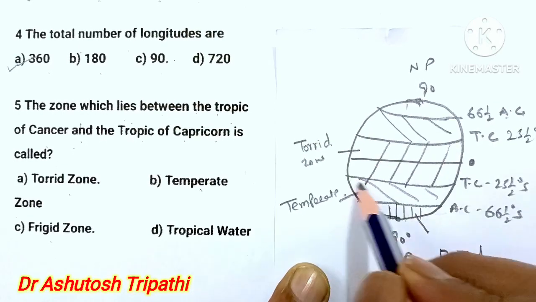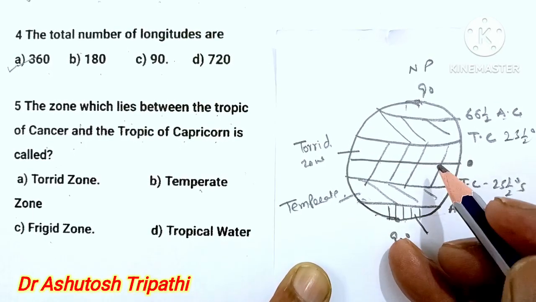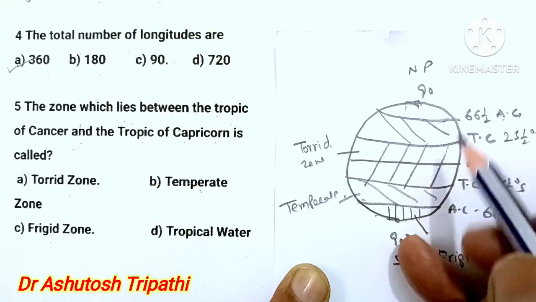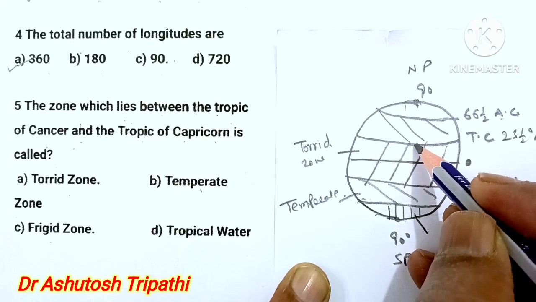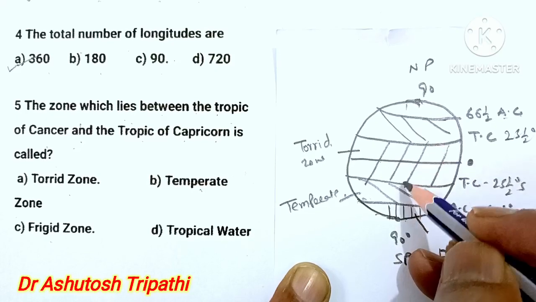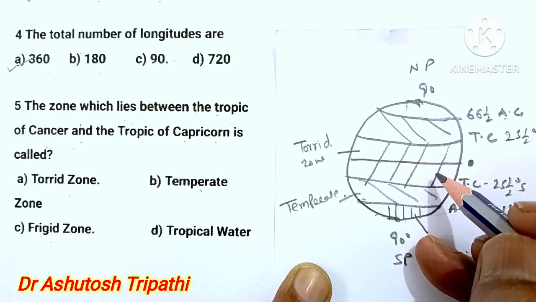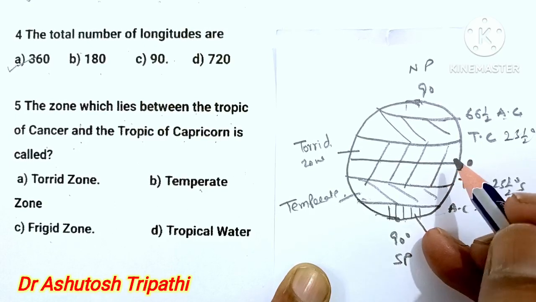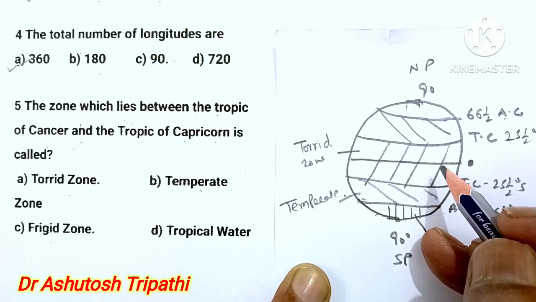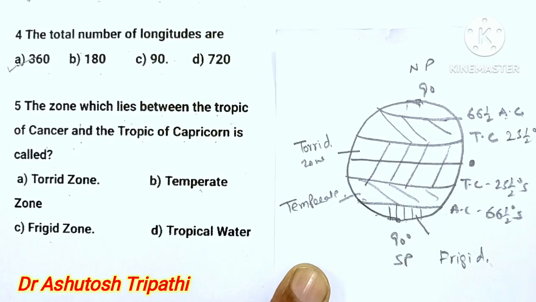Why is it called the torrid zone? Because the sun moves between the Tropic of Cancer and the Tropic of Capricorn throughout the year. So this area receives sunlight vertically all year at different months or dates.